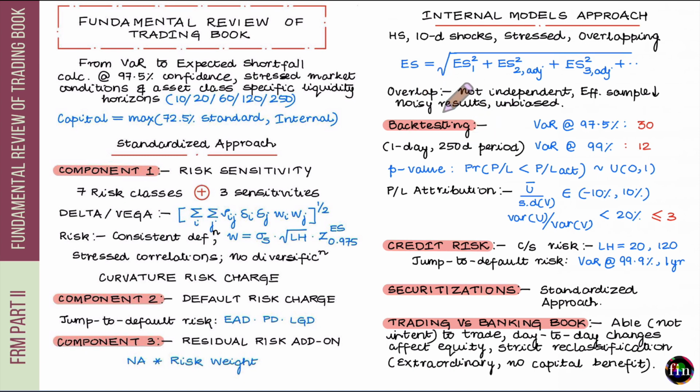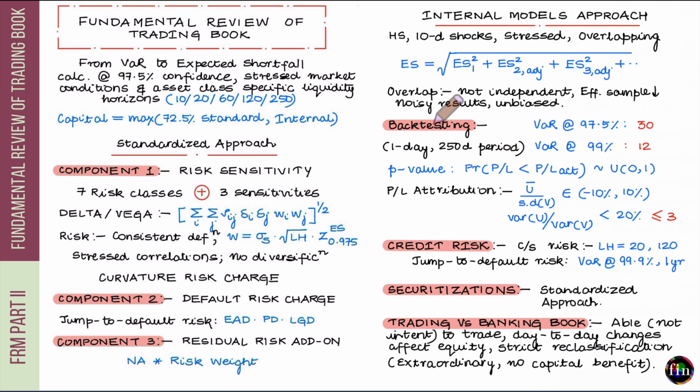Therefore, backtesting as per FRTB stipulations will be done using a proxy risk measure, which will be the VAR. This backtesting will be done using the 1-day VAR using the recent most 250-day historical period.